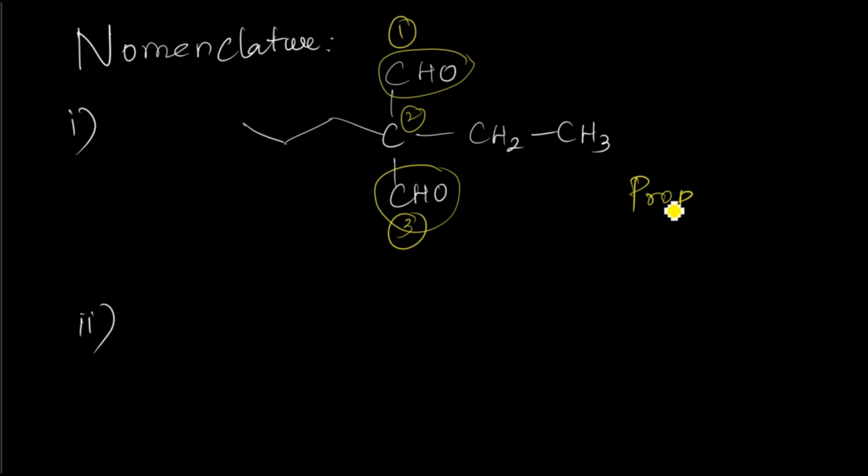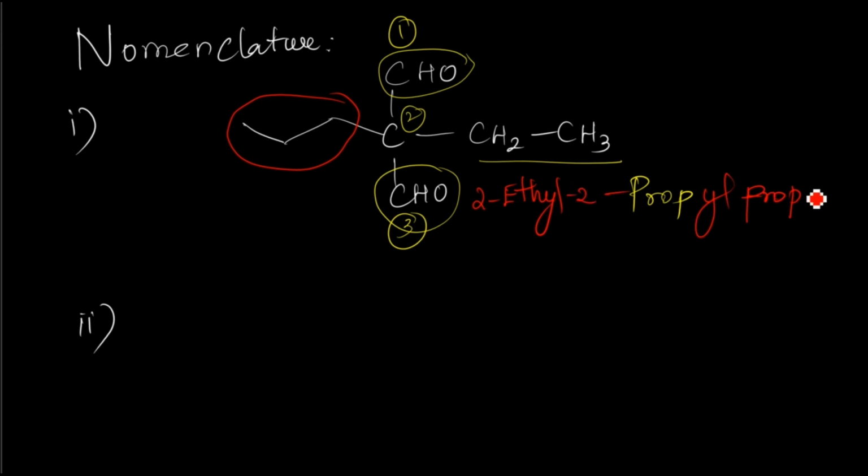The remaining two substituents at carbon 2 are ethyl on one side and propyl on the other. So the name of the compound becomes 2-ethyl-2-propylpropane-1,3-dioic acid. Let me write it below.